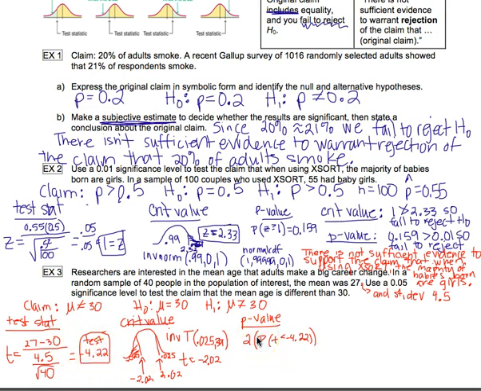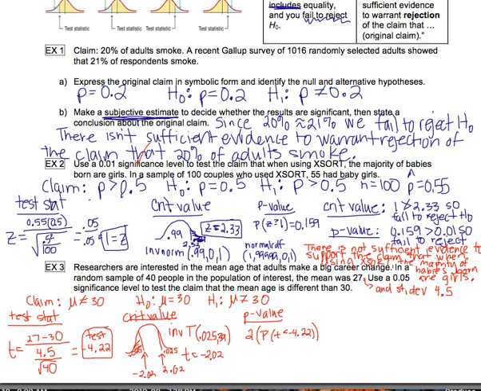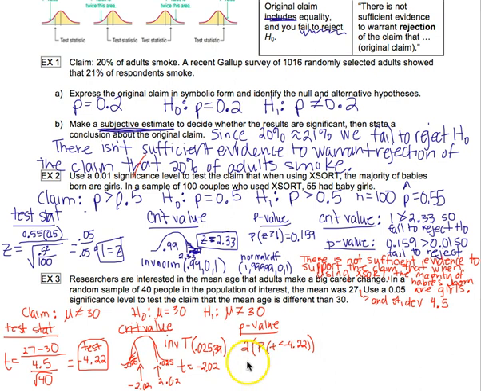So when we do this, that means we have to do 2 times whatever we get from doing normal CDF of lower limit negative infinity, upper limit negative 4.22, with 0 and 1 as our values.